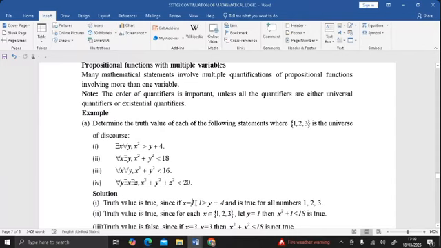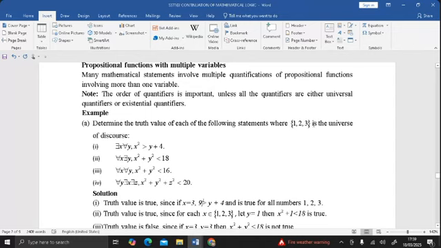Take an example. In this case, I did not even finish this. There is also an error here. This one should be greater than. Look at this. So, is there any x which, when you square it, is greater than some y obtained from here plus 4? If x is equal to this one, it is wrong.